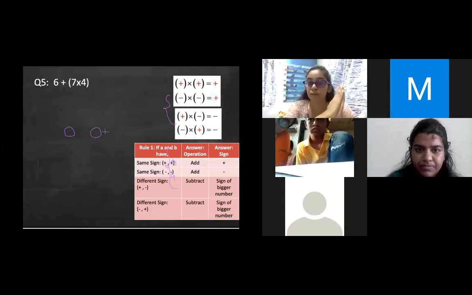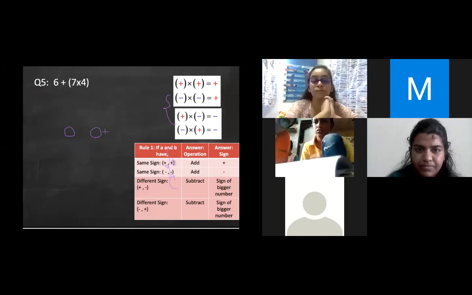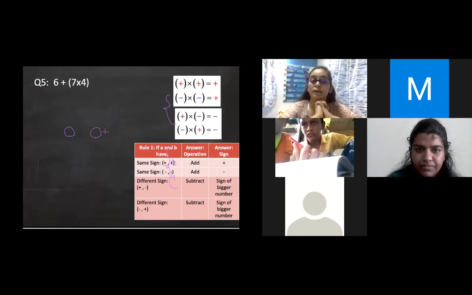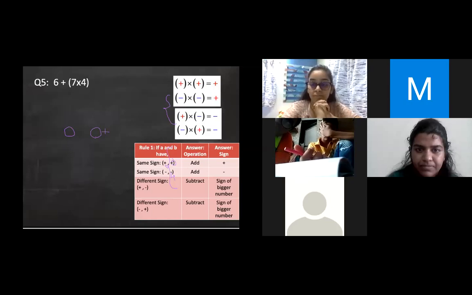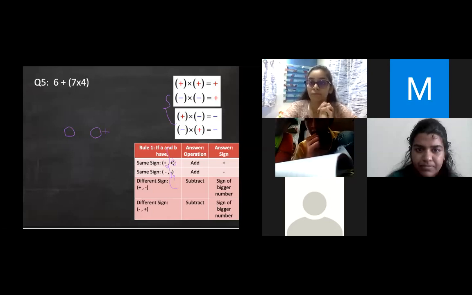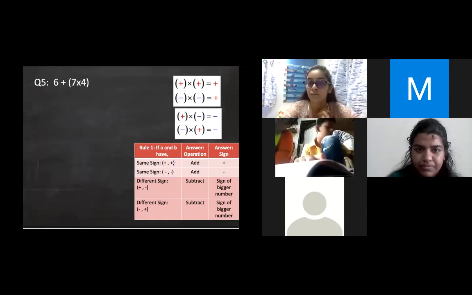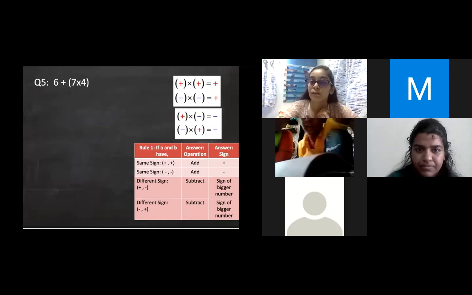Can you tell me what is the sign in front of 7 and 4? Minus sign. Why will it be a minus sign, Zainab? Positive sign. Any number which does not have a sign in front of it is always a positive number.